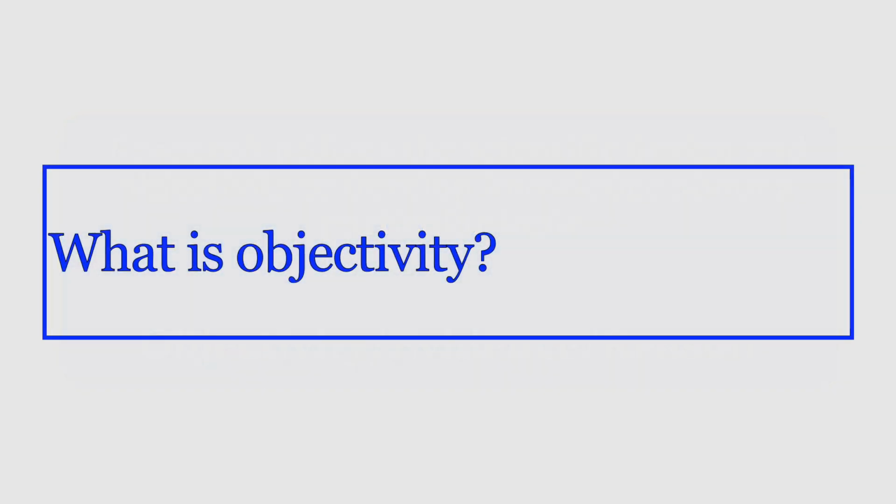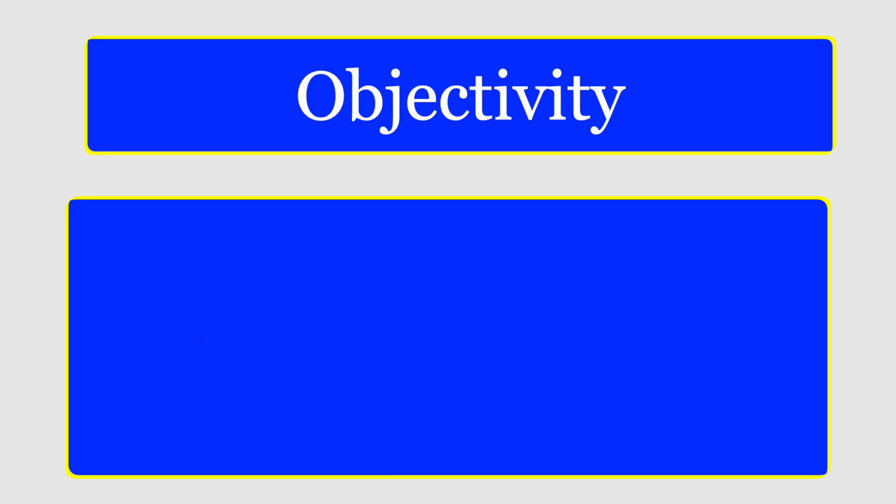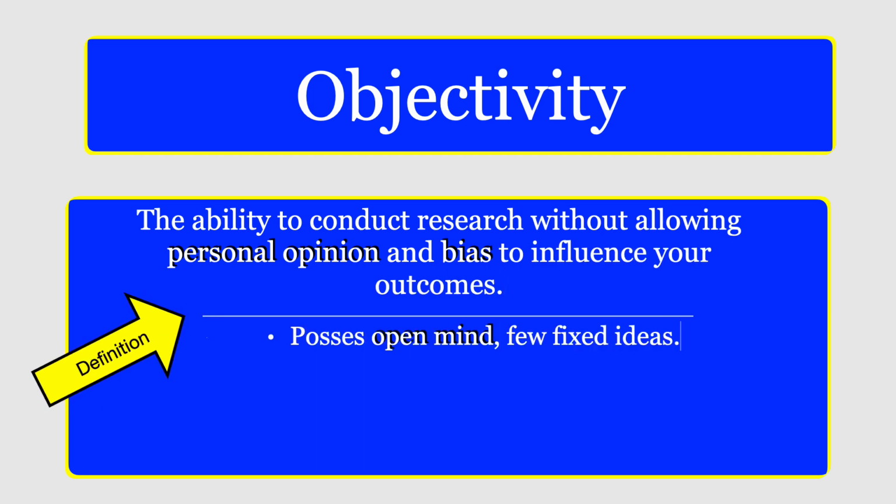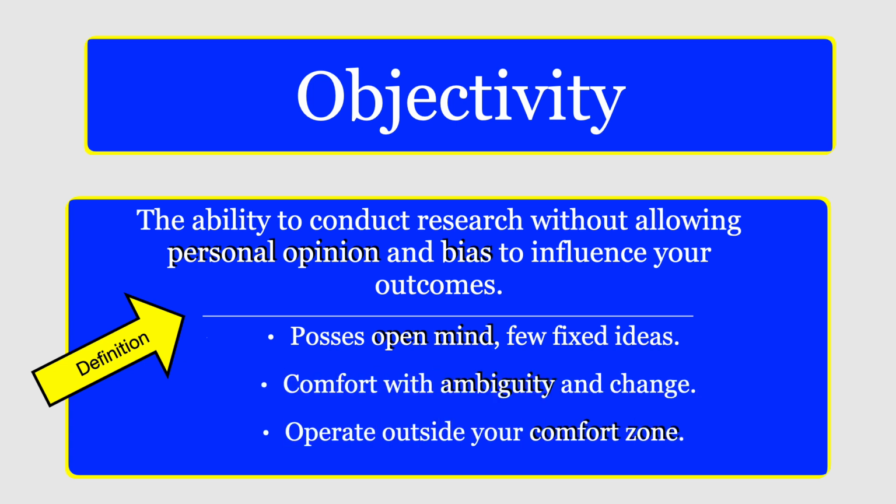So what do we mean by objectivity then? What exactly is objectivity? Objectivity is the ability to conduct research without allowing our personal opinion and biases to influence our outcomes. To be objective means to possess an open mind with few fixed ideas.